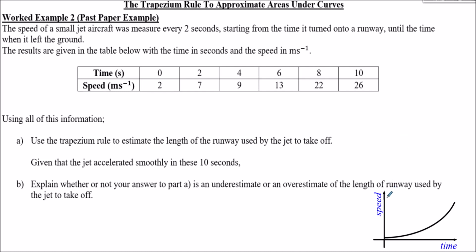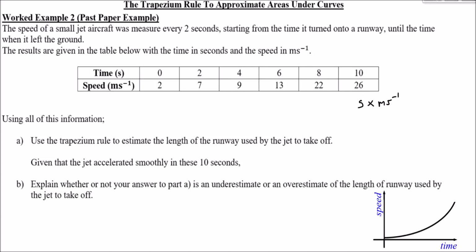The area underneath the speed-time graph represents the distance travelled. The best way I think of remembering this is that with area, we're basically multiplying 2 dimensions. The dimension along the x-axis is a time dimension, so I take seconds and multiply by the dimension on the other axis, speed, that's meters per second.